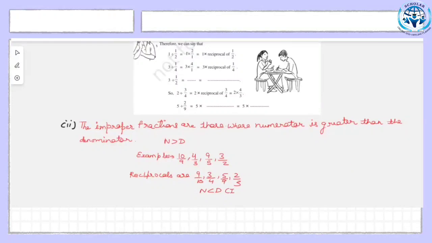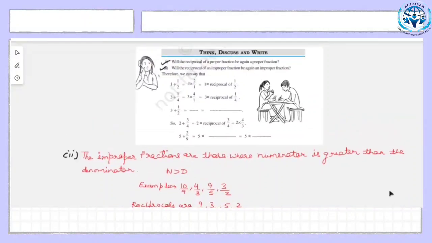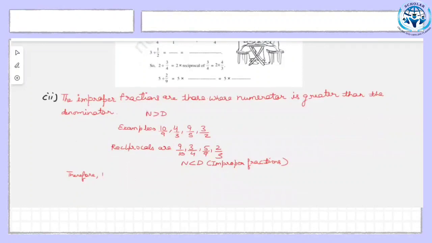That means if we reciprocate an improper fraction, the results are proper fractions. We write that the reciprocals of improper fractions are not improper fractions.